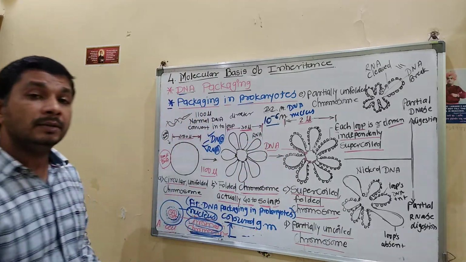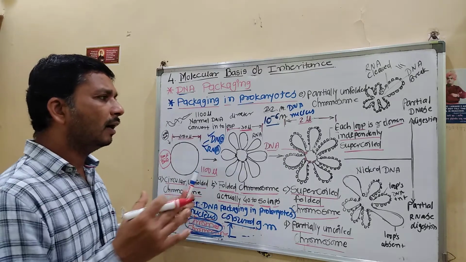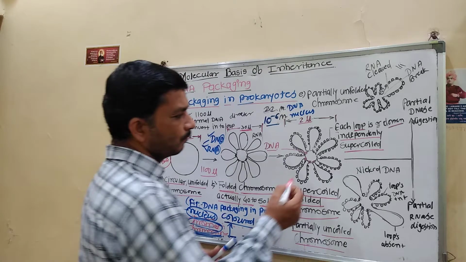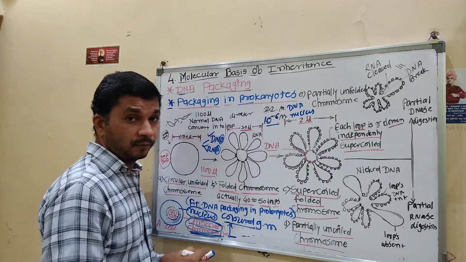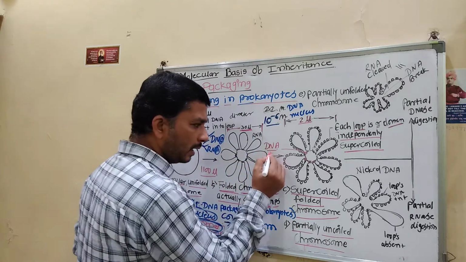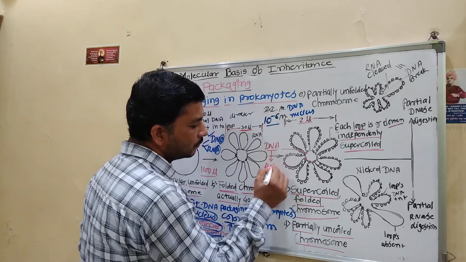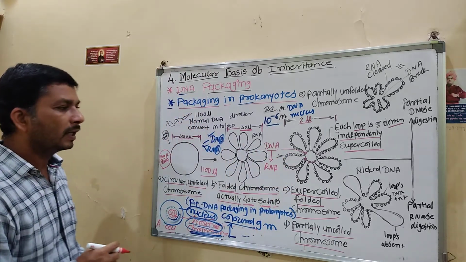The DNA is present there, interlinked to each other, right? In the presence of this RNA. How is this RNA formed? RNA is formed from the DNA. Okay.